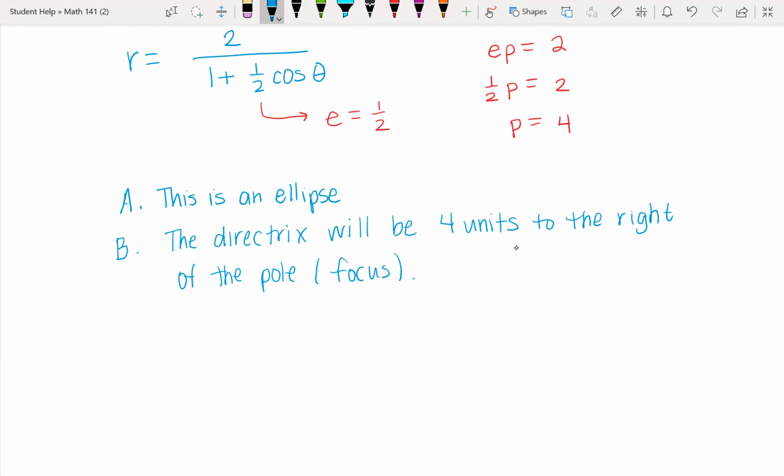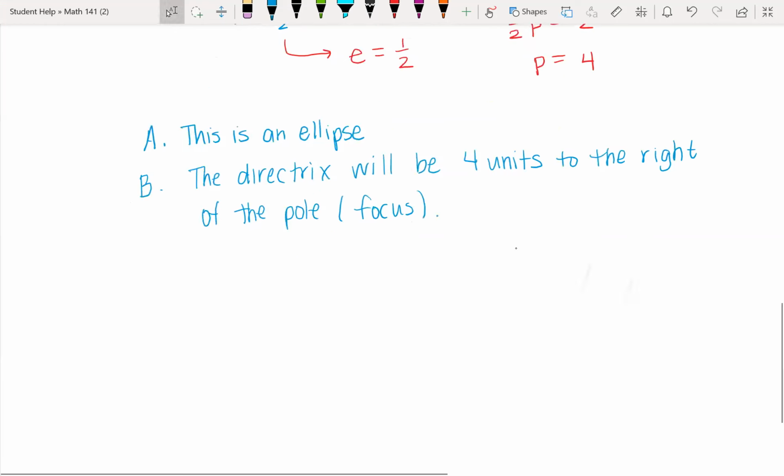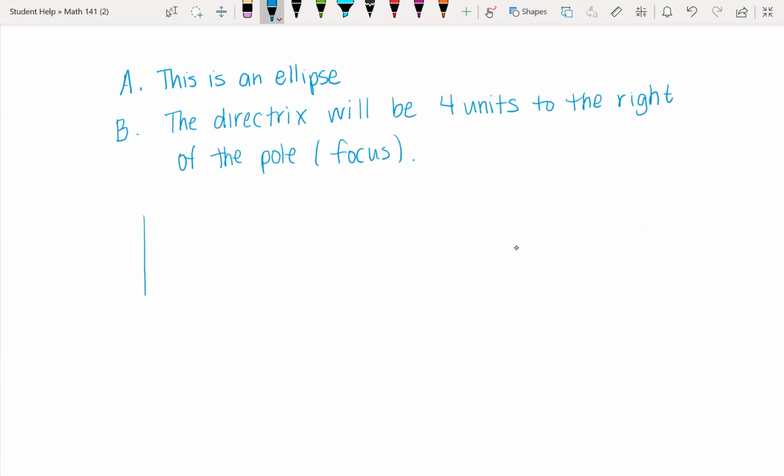Okay, the next thing that we want to do is find the vertices. We know that this is going to be an ellipse. It's going to look something like this. And we want to find the 2 vertices.